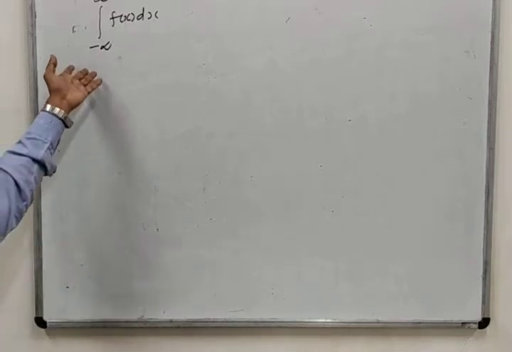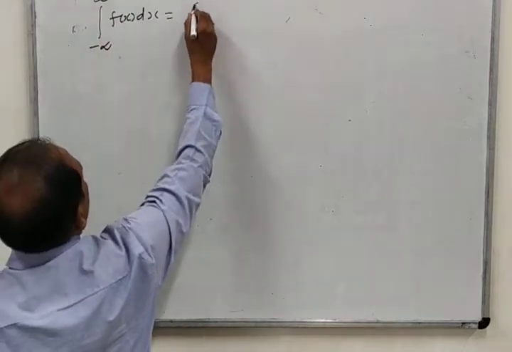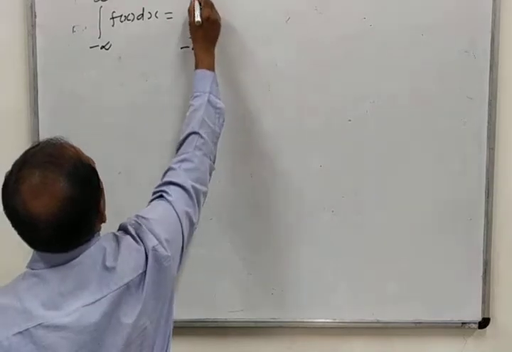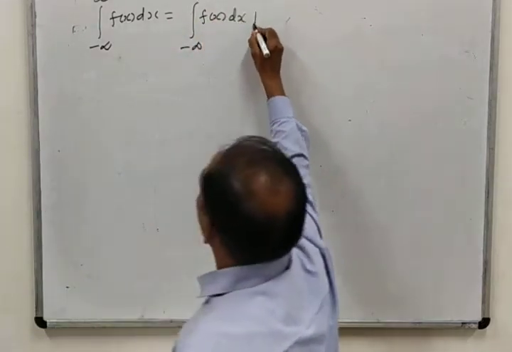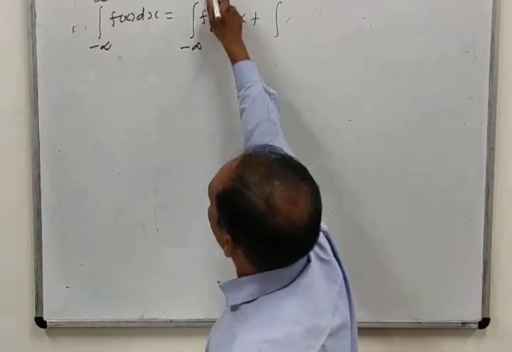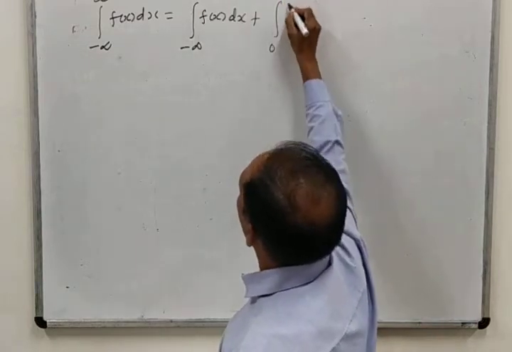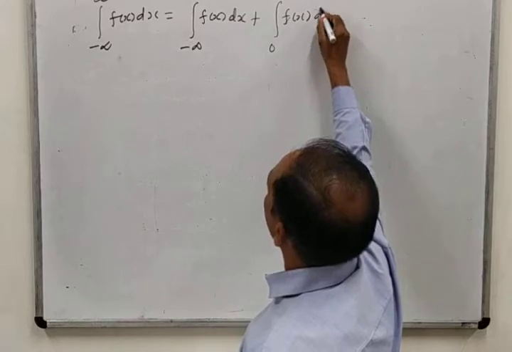To solve this example, we cannot solve it directly. We will have to divide this integration into two sub-integrals: from minus infinity to 0 of f of x dx plus from 0 to infinity of f of x dx.